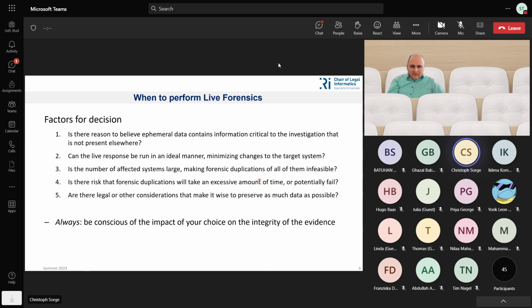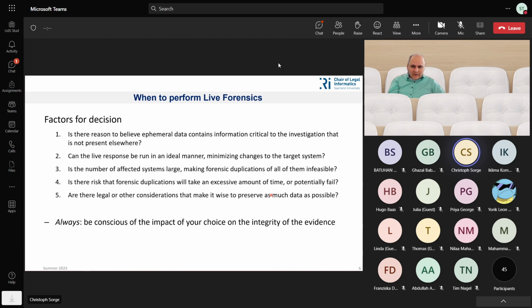By excessive amount of time, I mean, of course, a large amount of storage, large hard drives, and a large number of them. That means you might not be able to do the forensic duplication, or it might fail, for example, due to encrypted systems. And finally, there might be legal considerations.